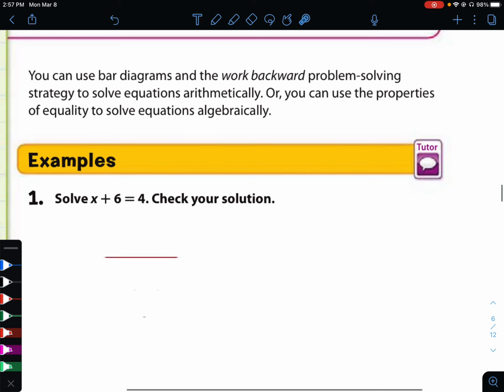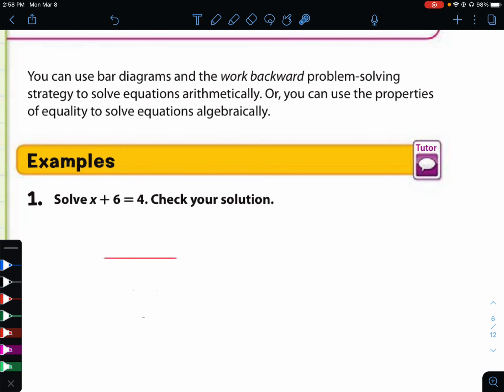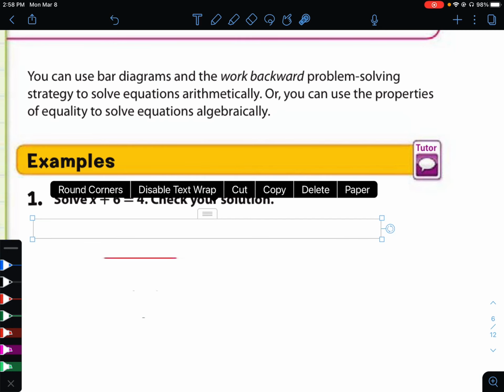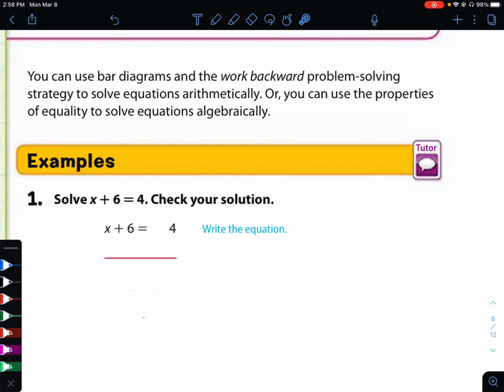Again, as a summary, whatever you subtract from one side, you need to subtract from the other side of the equation. Remember, the side is marked by the equal sign. So this is the left side of the equation. This is the right side of the equation, separated by the equal sign. So first let's write the equation down. The equation is x plus 6 equals 4. Again, the objective is to isolate x.